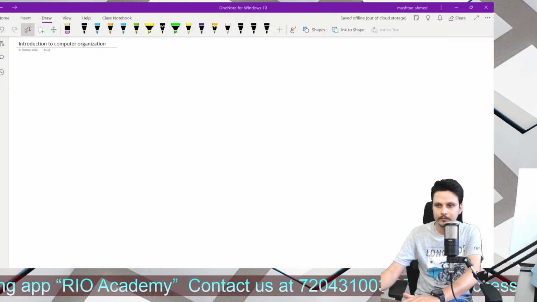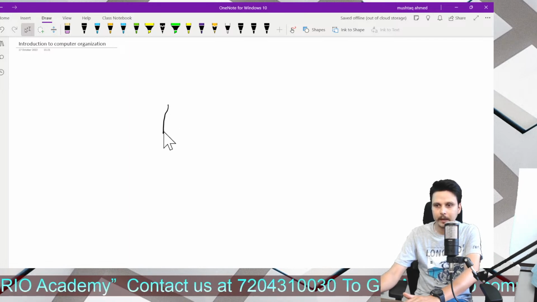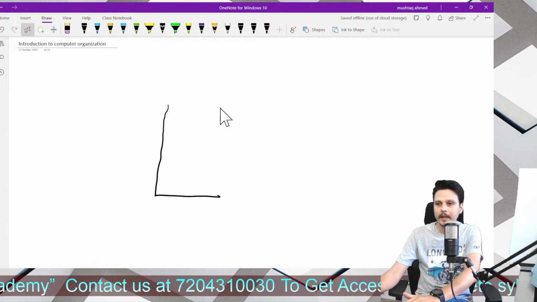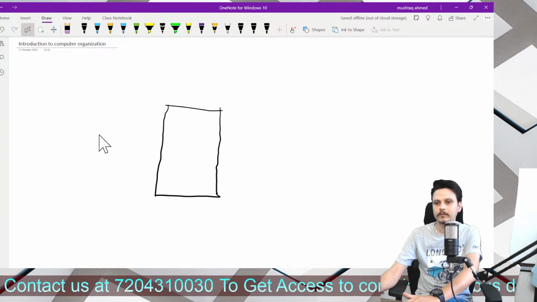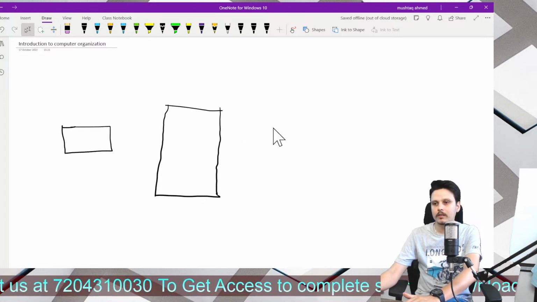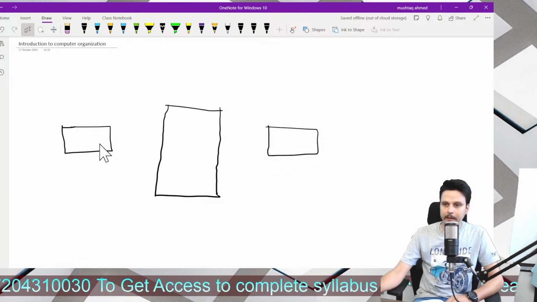In general, a computer consists of three main units. One is the input unit.